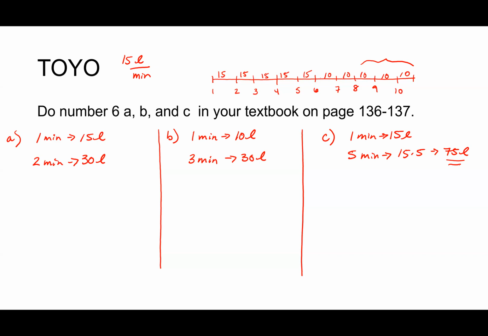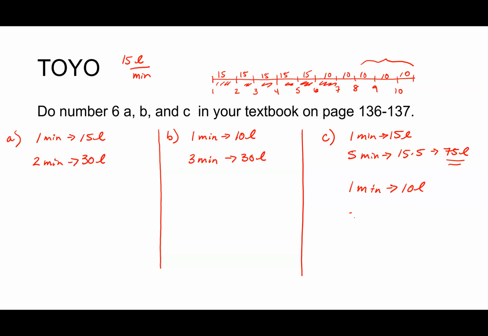Does that make sense? So basically 1, 2, 3, 4, 5, and then 6. How many more liters are gonna flow in that next minute? Yeah, 10 more liters. So for that 6th minute, we're just adding another 10 liters.